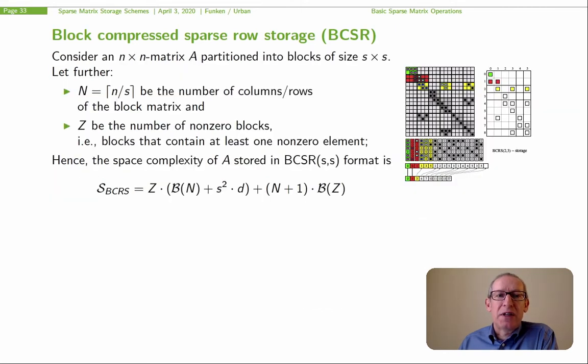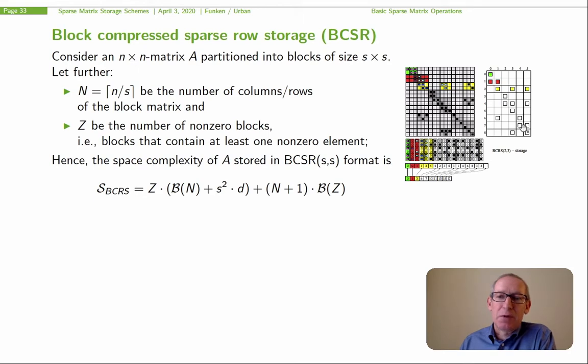What about the space complexity? To express the space complexity, we define 2 additional variables. Capital N is the upper Gauss bracket of n divided by s, so how many rows of submatrices will be needed for our matrix, and Z will be the number of non-zero blocks.